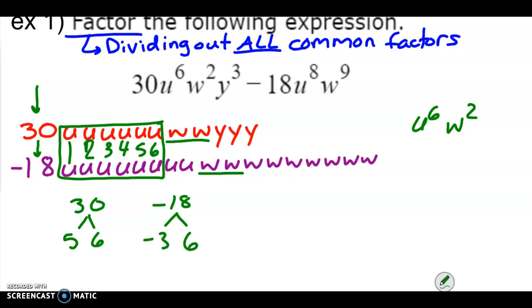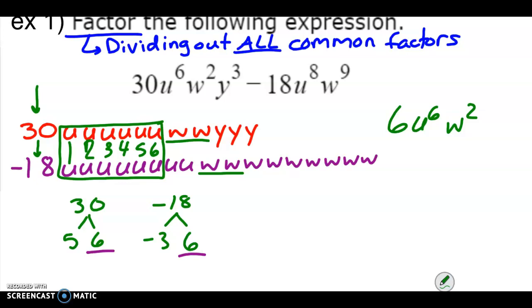I know there's different factors of each of those, but we should be able to recognize the biggest common factor between two numbers. And in this case, that's going to be the 6. So then that would be the constant that we're pulling out front. Okay, so when you do that, we figured out that 6 u to the sixth w squared is everything that these two terms have in common.